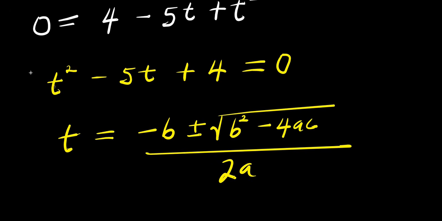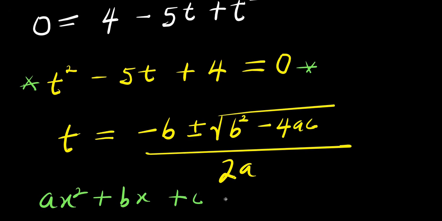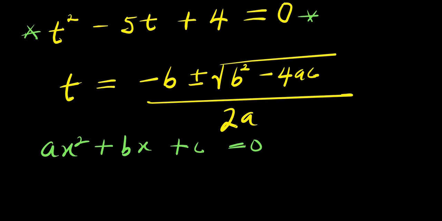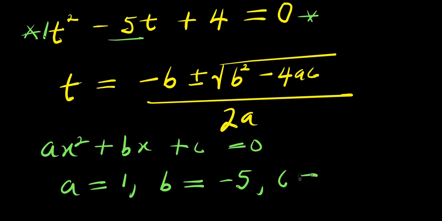So you compare this equation to the general quadratic equation, which is ax squared plus bx plus c equals 0. In this case, a, the coefficient of t squared, is 1. b, the coefficient of t, is negative 5. c is this constant here, which is 4.